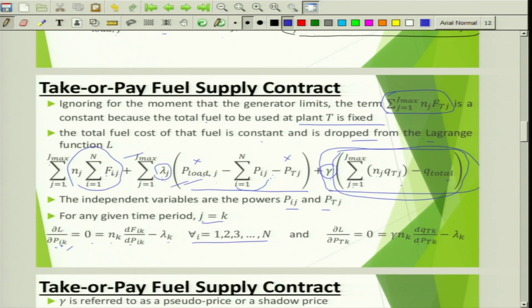These two terms are constants, and minus lambda k into dPtk by dPtk, which is 1. So you will get minus lambda k only. Now you get these two expressions.